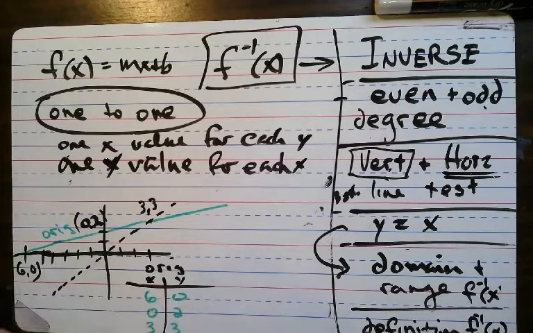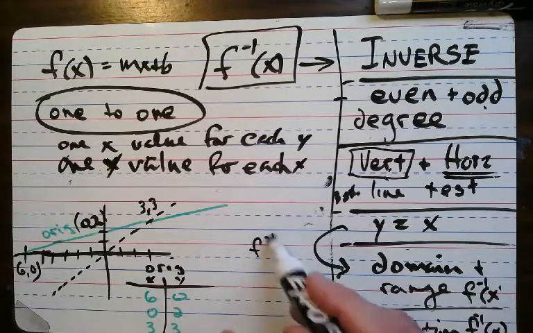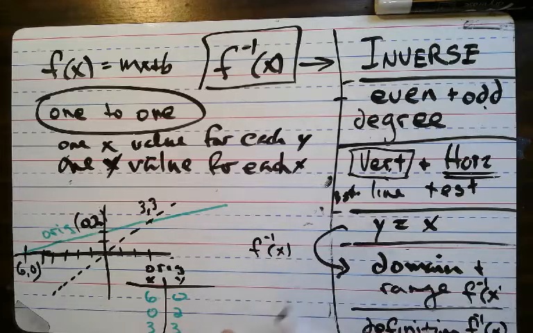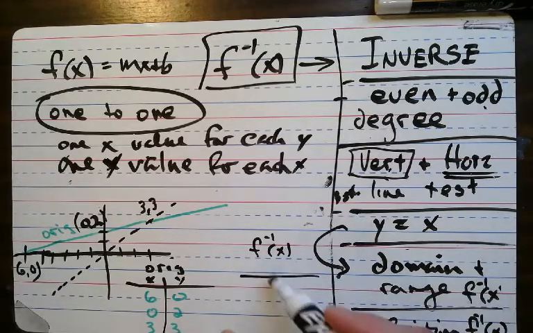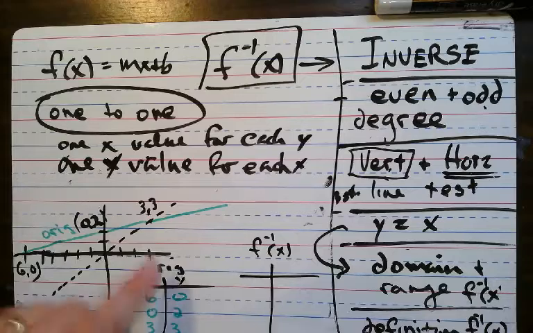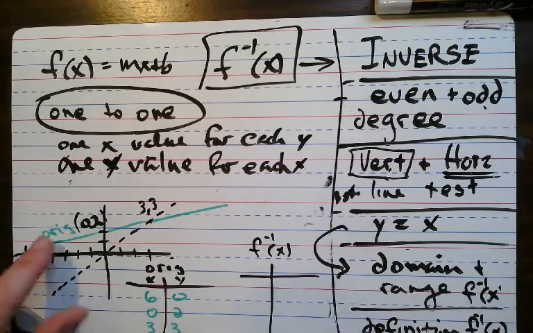The domain is the x numbers and the range is the y numbers. Now, to find the inverse, I don't even have to know the formula of this line, although we will learn how to do that tomorrow. I don't have to know the formula.